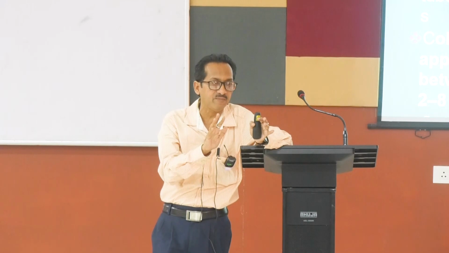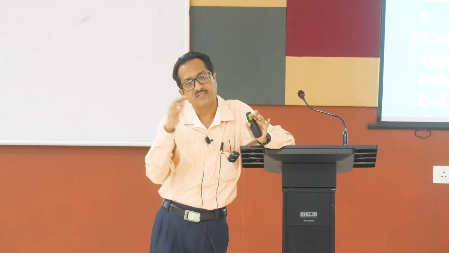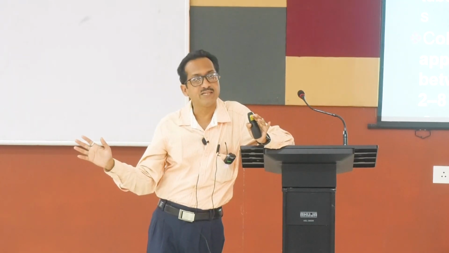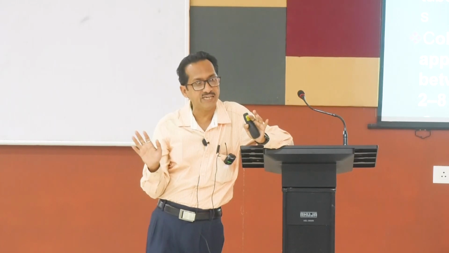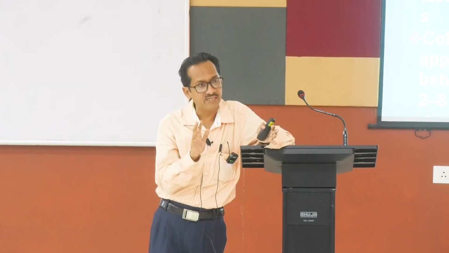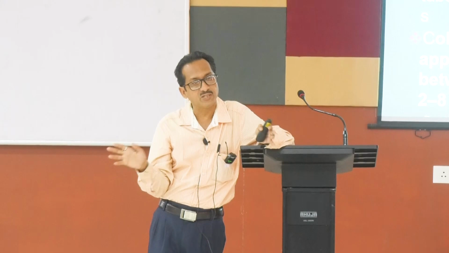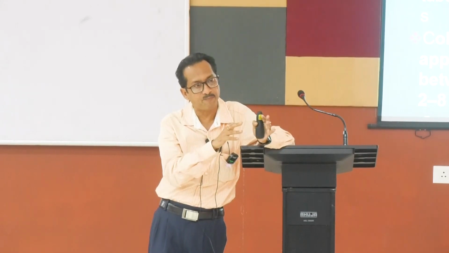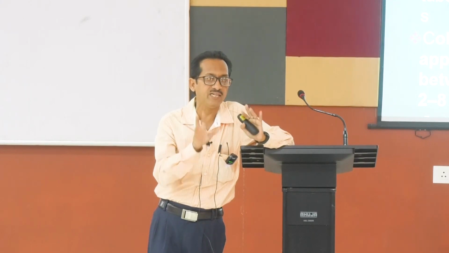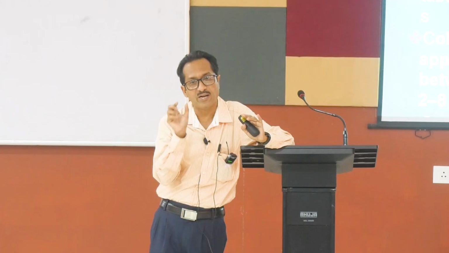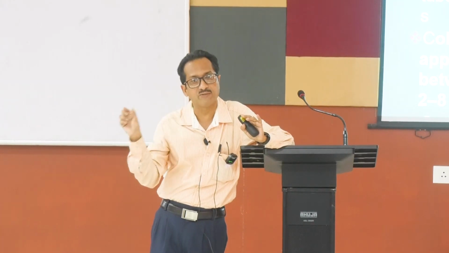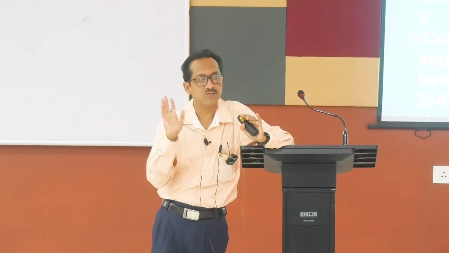So Lowenstein Jensen media has mineral salts, eggs, and malachite green added. Egg is a solidifying agent and it is not autoclaved. The initial part can be autoclaved, but after adding egg or malachite green, it is inspissated for 1 hour daily for 3 consecutive days to make the media solid.